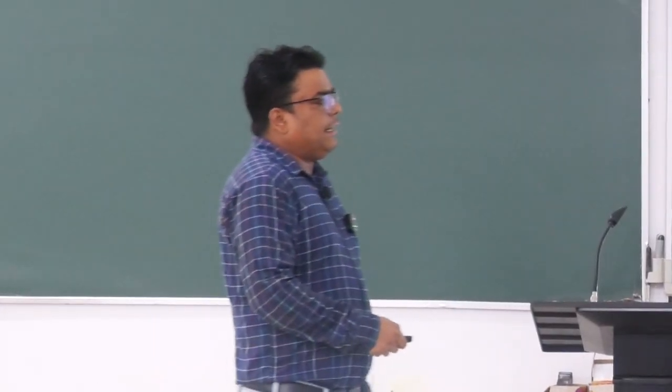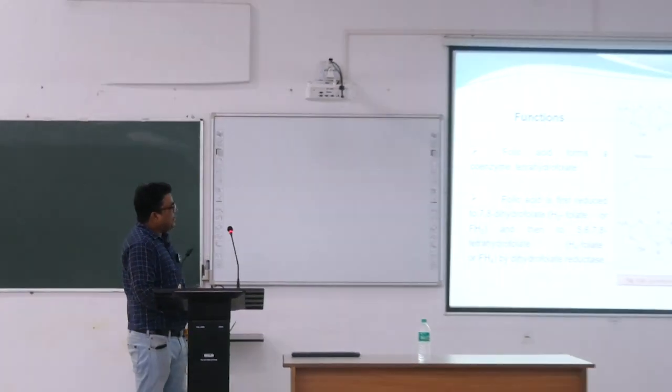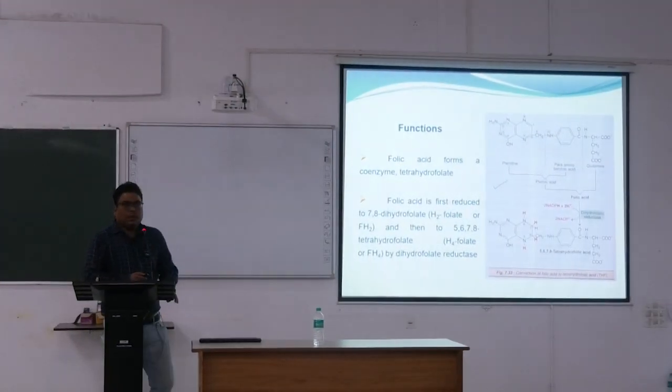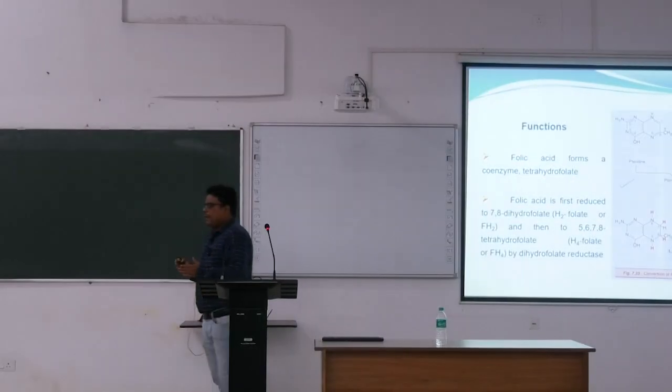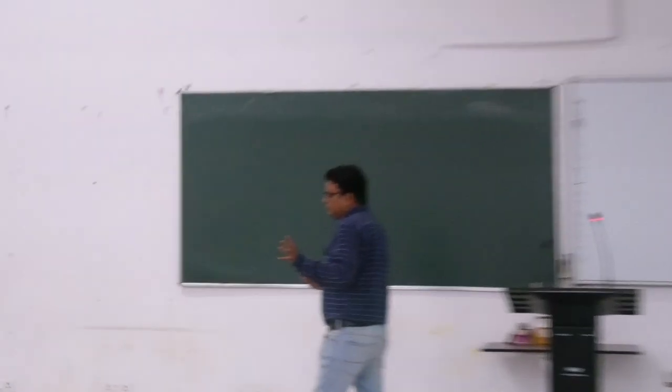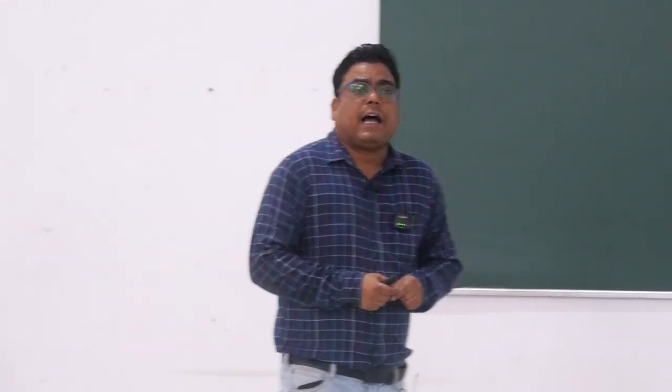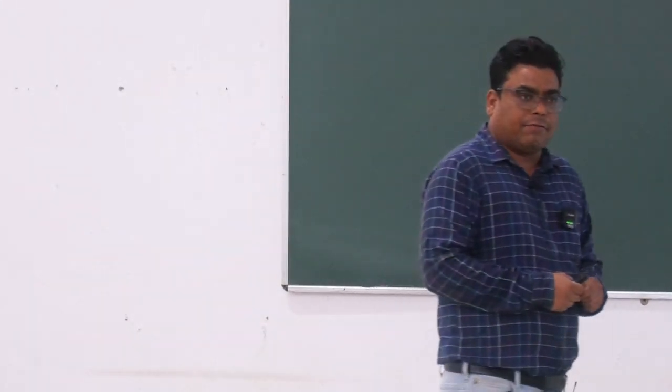It is made up of pteridine, PABA molecule, and glutamic acid. Before the function of this vitamin, we first need to know its active form. The active form of this vitamin is tetrahydrofolate, THF.